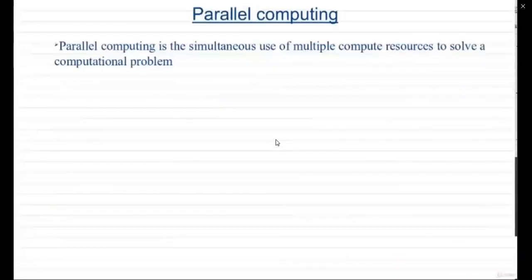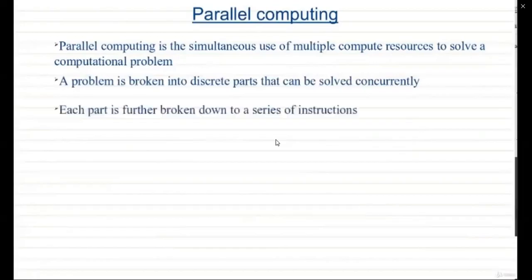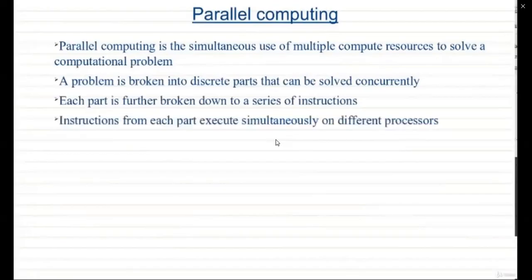Parallel computing is the use of multiple computer resources to solve a computational problem and simultaneously execute different tasks. The problem is broken into discrete parts that can be executed concurrently, and each part is further broken down into a series of instructions.